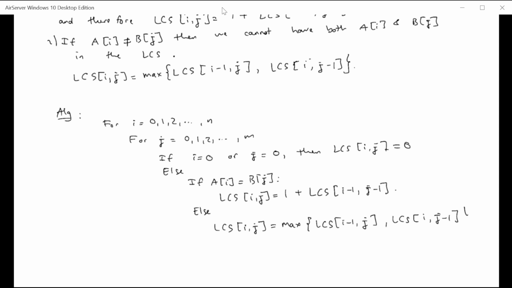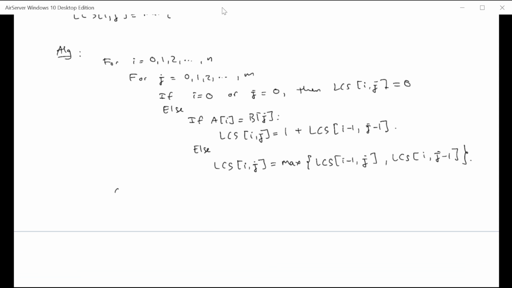Okay, so in the end we output LCS(n, m), which is the length of the longest common subsequence of the two original strings A and B.